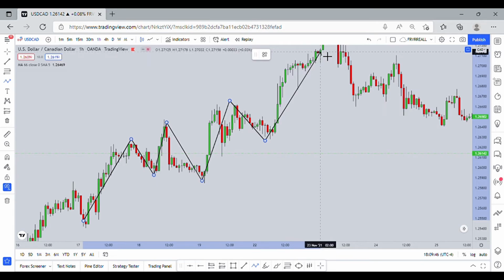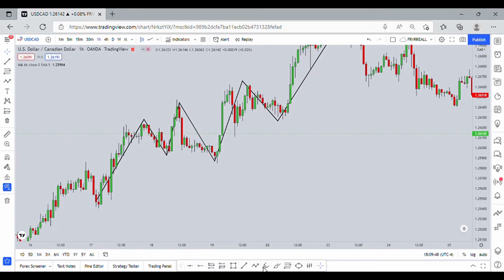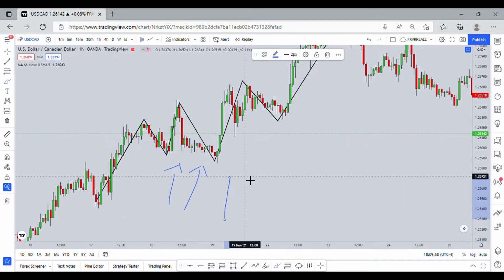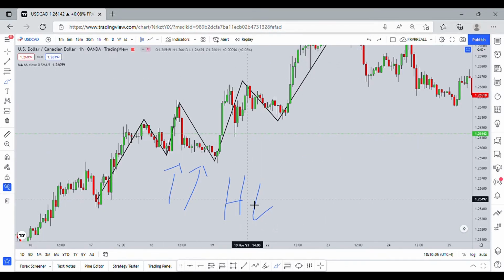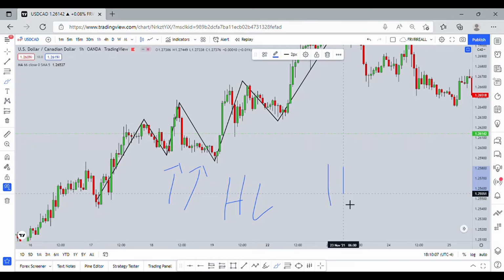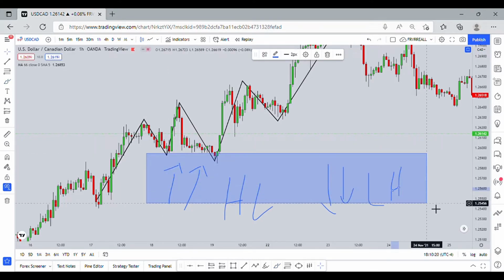If it's an uptrend, you want to enter at the higher lows. This is where you want to have your entries. If it's a downtrend, on the flip side, you want to enter at lower highs. Every time after a retracement, that's where you look for entries in a trending market.